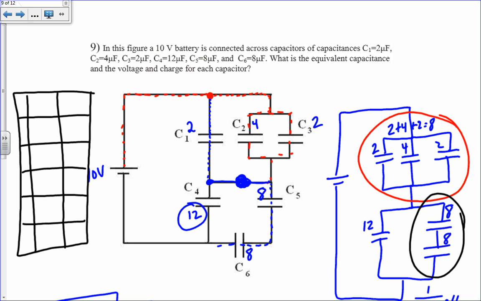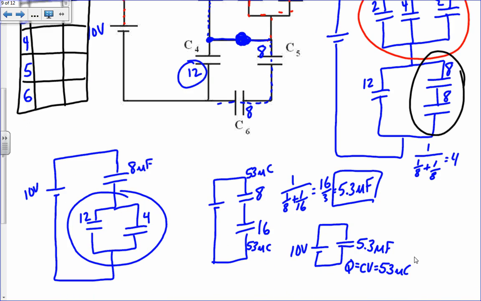This will be my charge, and this will be my voltage for capacitor 1, 2, 3, 4, 5, 6. If you look back at old tests, I often have a little table like this that I want you to fill in with all the charges and the voltages for each capacitor. Once you get the first few filled in, they really fall in quickly. Let me show you. Let's go back to where we were.